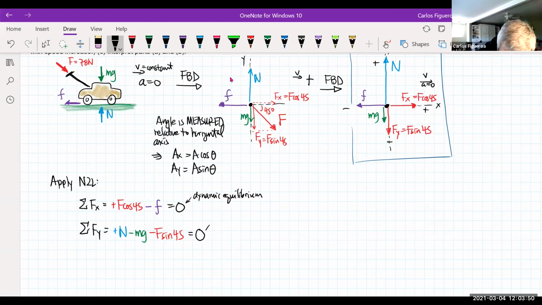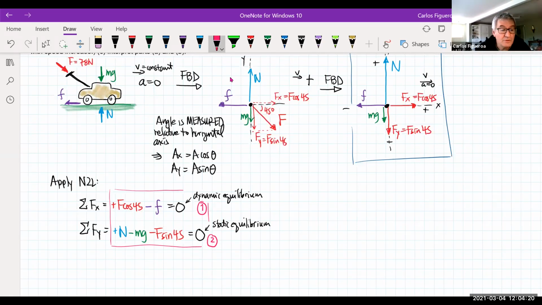No. What's it in? It's in static equilibrium. So what I'm seeing here is that I now have my N2L equations. What I typically do is number them. I literally will say, this is equation 1, this is equation 2, and these are my N2L equations right here.